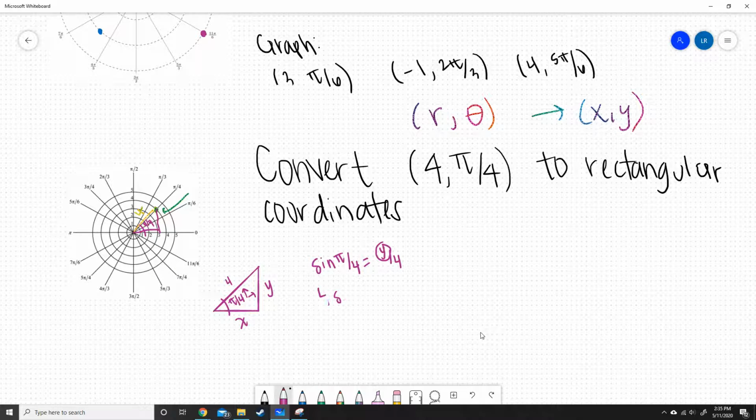So 4 times the sine of pi over 4 equals y. And the sine of pi over 4 is actually just the square root of 2 over 2 because of the unit circle. So I can replace sine of pi over 4 with the square root of 2 over 2. And then it's a matter of simplifying. So 4 divided by 2 is 2, and so y equals 2 root 2.